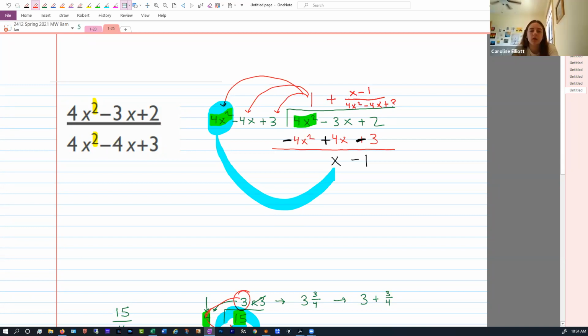Wait, real quick. Why couldn't you just say that you'd multiply 4x by x to get 4x squared? Because you're trying to figure out what you multiply 4x squared by to get x, not what you multiply x by to get 4x squared. I'm not sure if I understood your question.